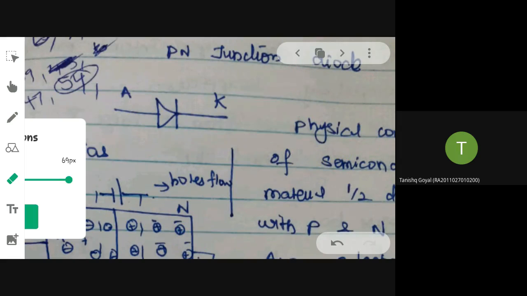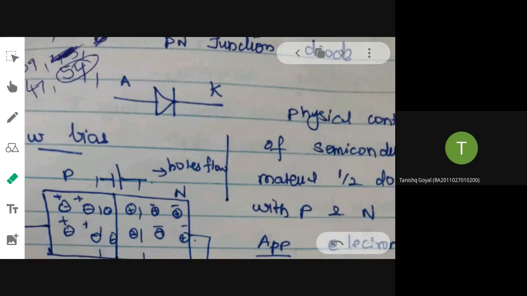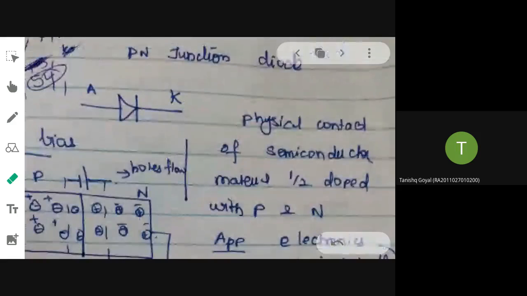Next, how will you create the PN junction diode? That is the next question. I think in your physics class you must have studied what is p-type material and what is n-type material. If you physically keep in contact half p and half n, thereby forming a PN junction, that diode will be called a PN diode.